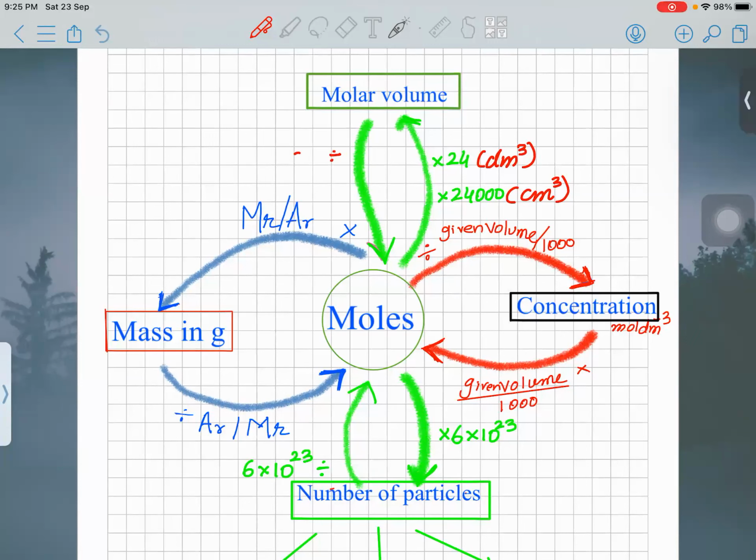Now divided by 24, or divided by 24,000, if the volume is in dm cube, or if the volume is in cm cube, you will get the moles.